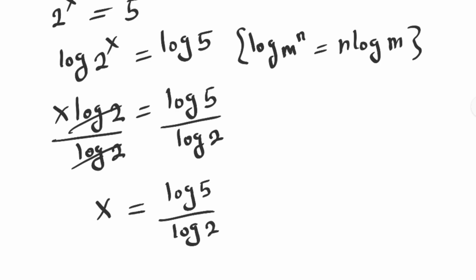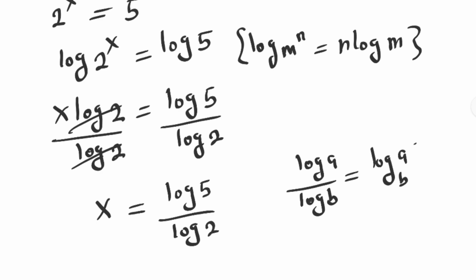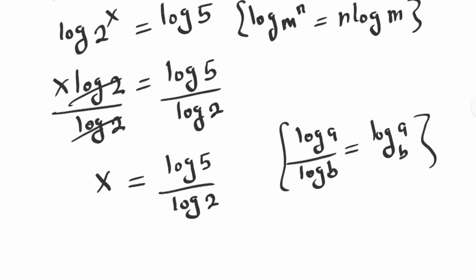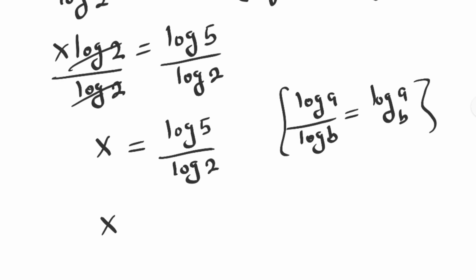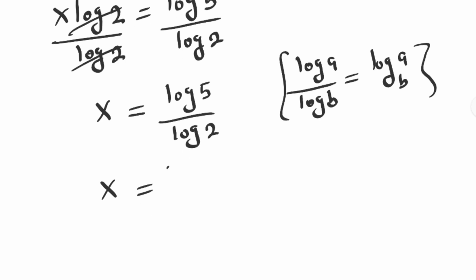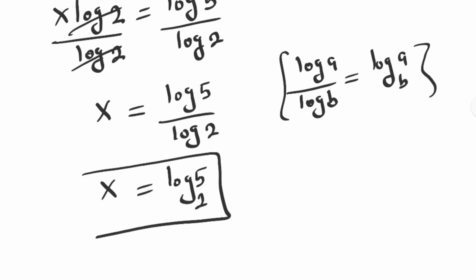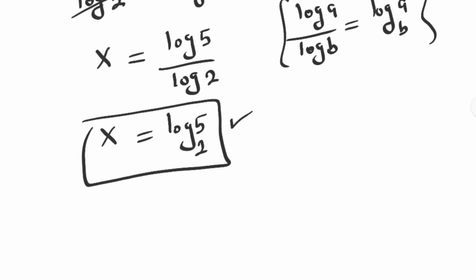And if you have log A over log B, this is equal to log A base B. So x is equal to log 5 base 2. This is the final answer, or you may leave your answer in natural logarithm form.